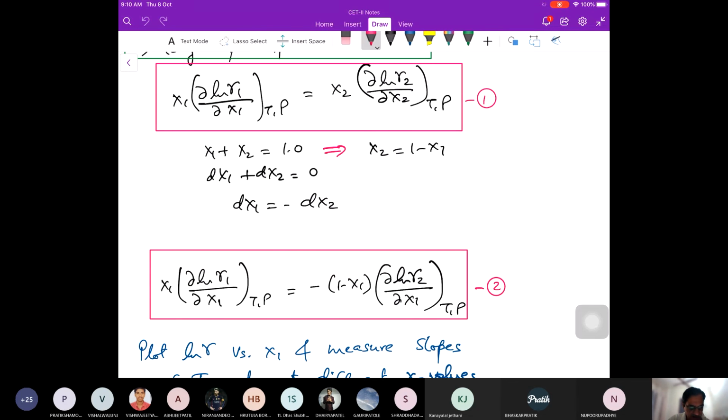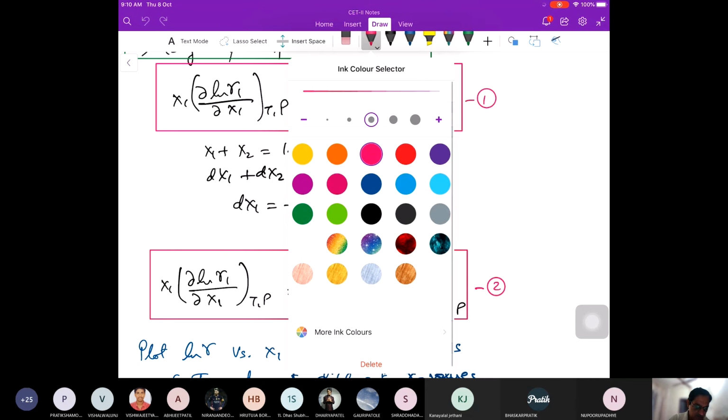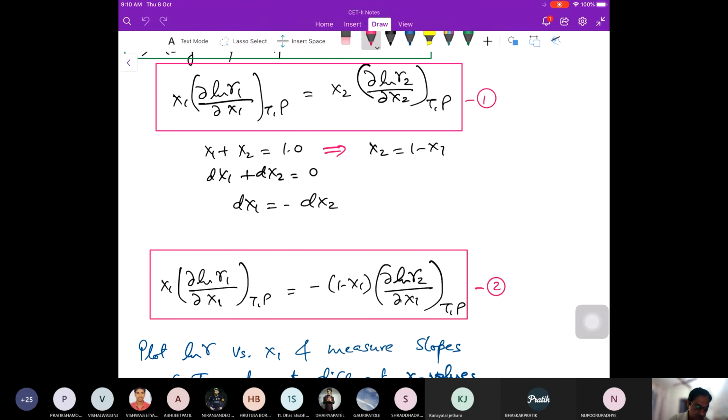The left hand side is the same, the right hand side is essentially negative because of this term. This minus is coming here. And x2 is equal to 1 minus x1, with ∂ln γ2/∂x1.